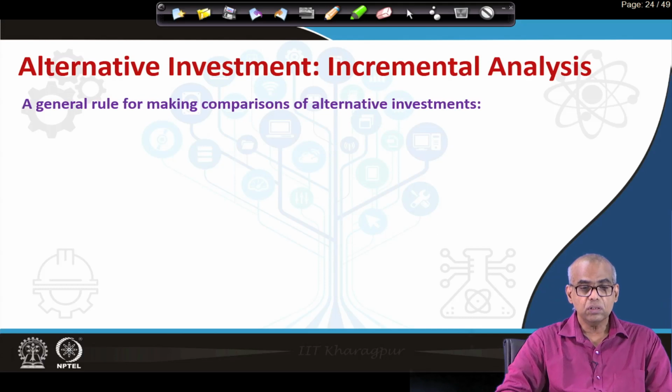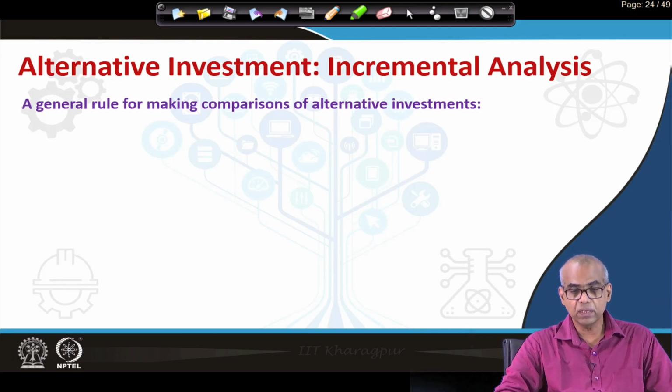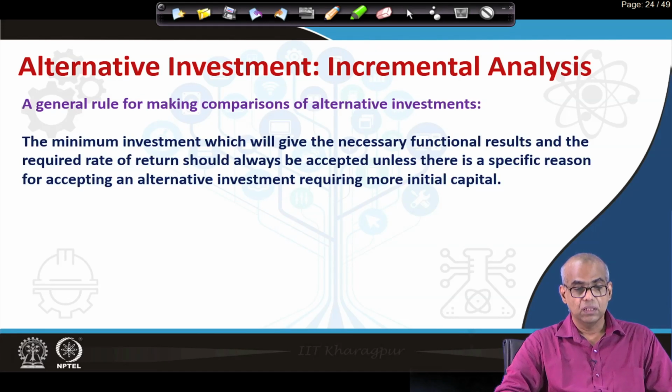A general rule for making comparisons of alternative investments is as follows. The minimum investment which will give the necessary functional results and the required rate of return should always be accepted unless there is a specific reason for accepting an alternative investment requiring more initial capital.